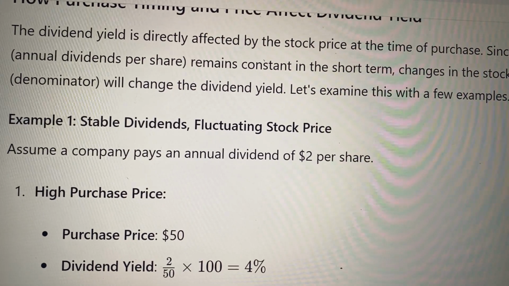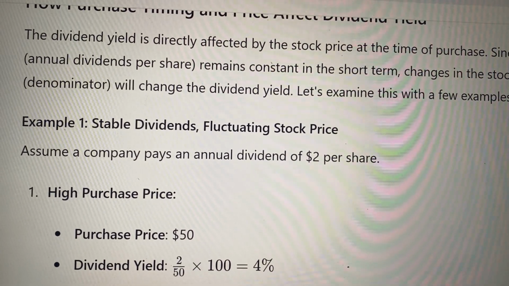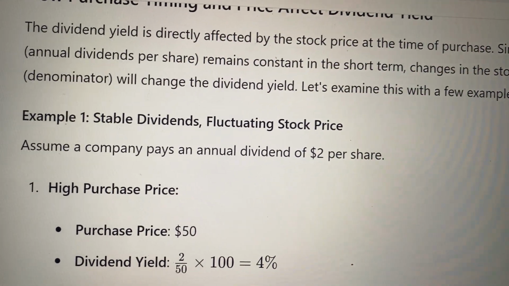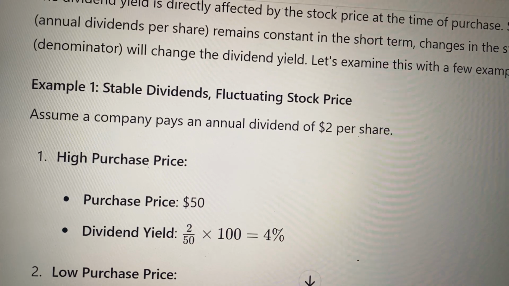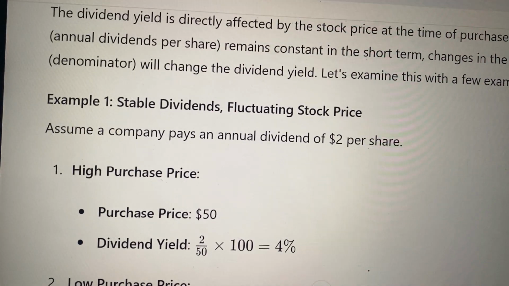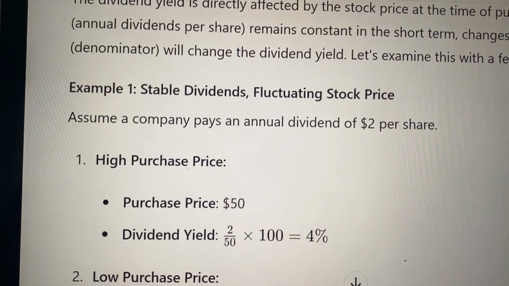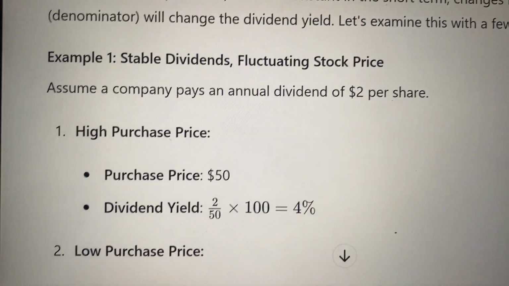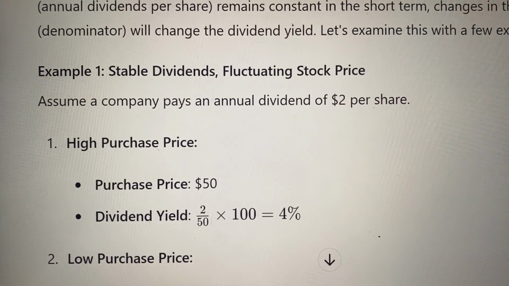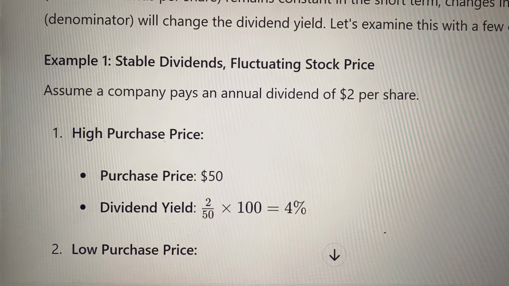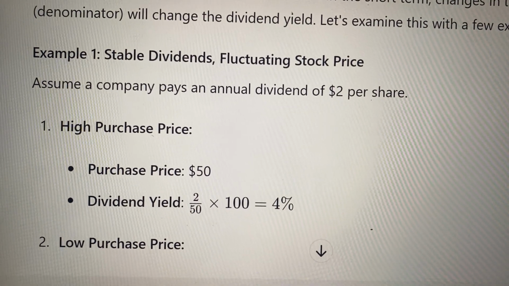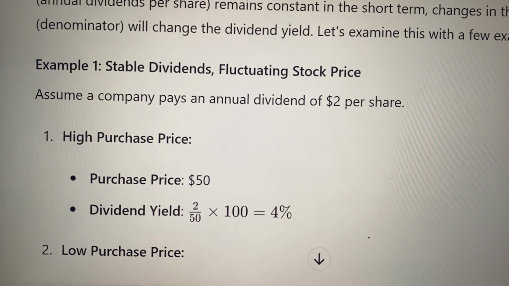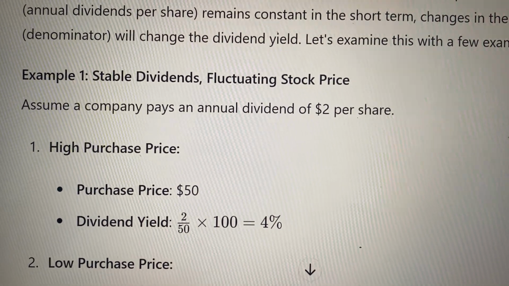Now we're talking about dollars, but pounds would work equally the same, as we're based in the UK. High purchase price. The purchase price is $50. The dividend yield is $2 divided by $50 times 100 equals 4%.